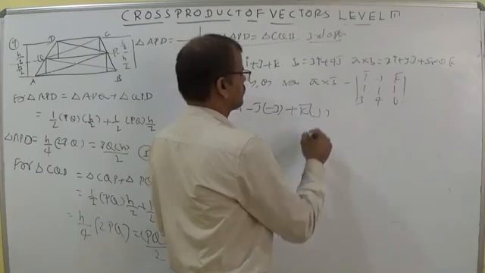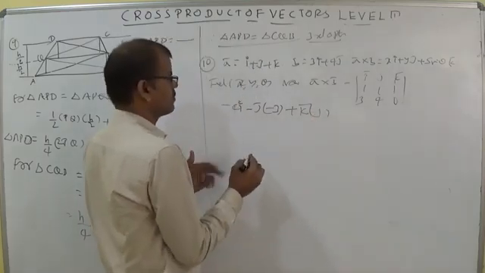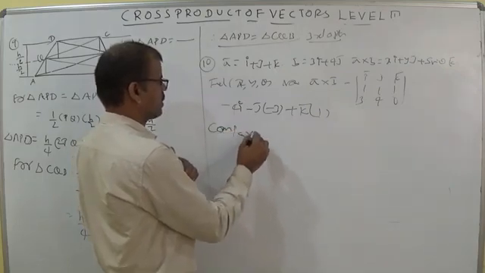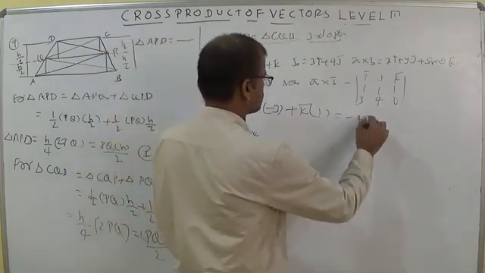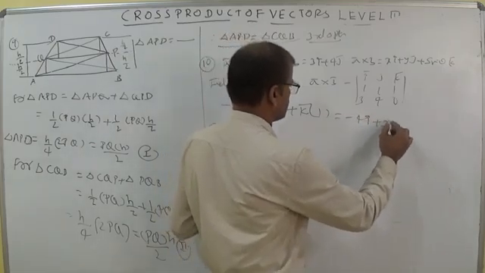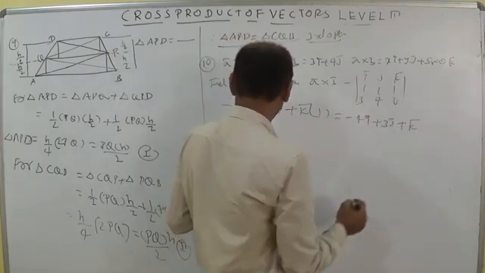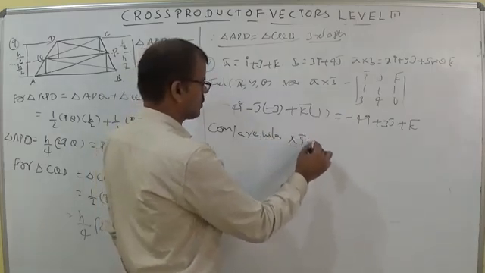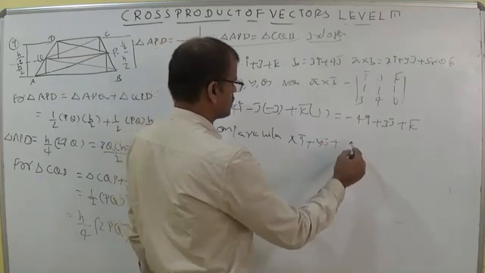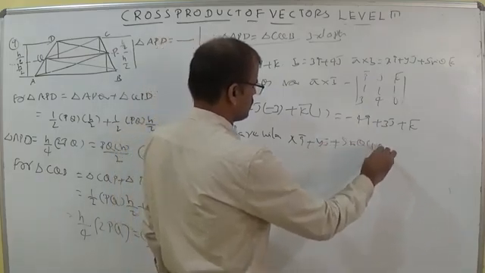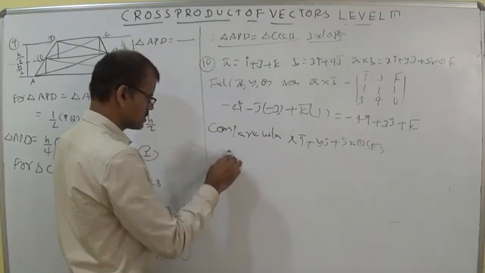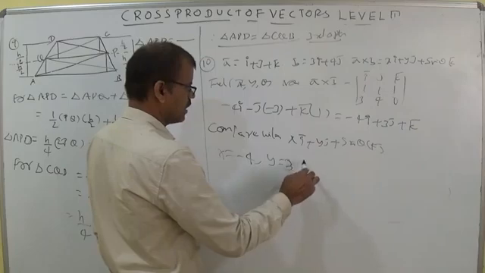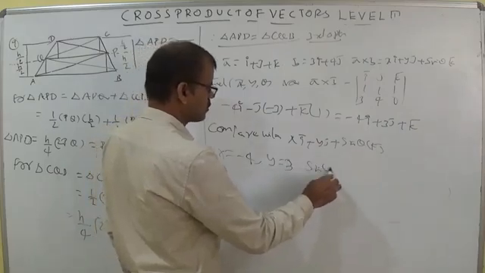Plus k into 1. So compare with this value: minus 4i plus 3j plus k. Compare with the given value Xi plus Yj plus sin theta into k bar. So X becomes minus 4, Y becomes 3 and sin theta is equal to 1.